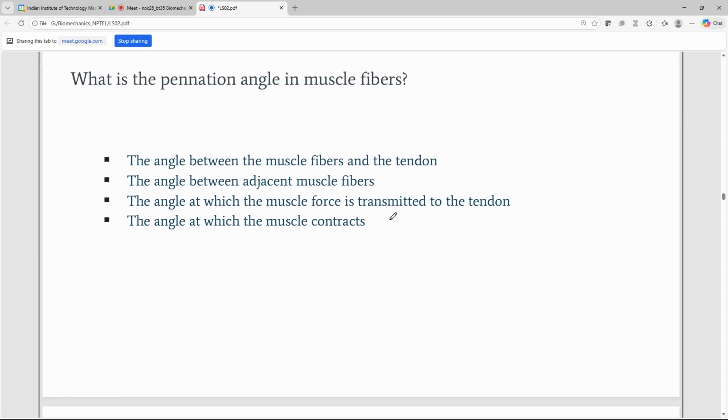Next question. What is the pennation angle in the muscle fibers? So, fancy name, pennation angle. Options are: angle between muscle fiber and the tendon, angle between the adjacent muscle fibers, the angle at which the muscle force is transmitted to the tendon, or the angle at which the muscle contracts?